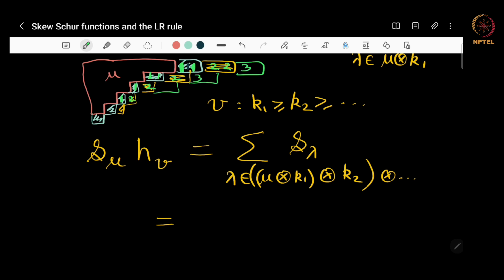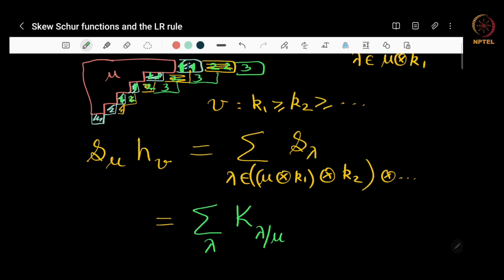Right? So that's sort of how we reinterpreted this tower, the sequence of shapes that you form, as being a semi-standard tableau. So this can therefore be written as a sum over all possible lambdas of, with what coefficient does an S lambda appear? Well, with as many semi-standard tableau as there are, but now the shape that's formed is the mu is sort of taken out.